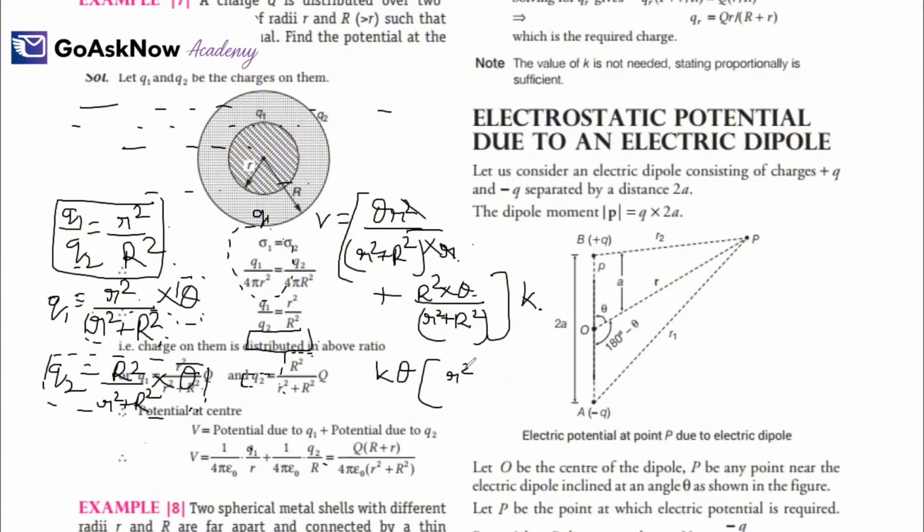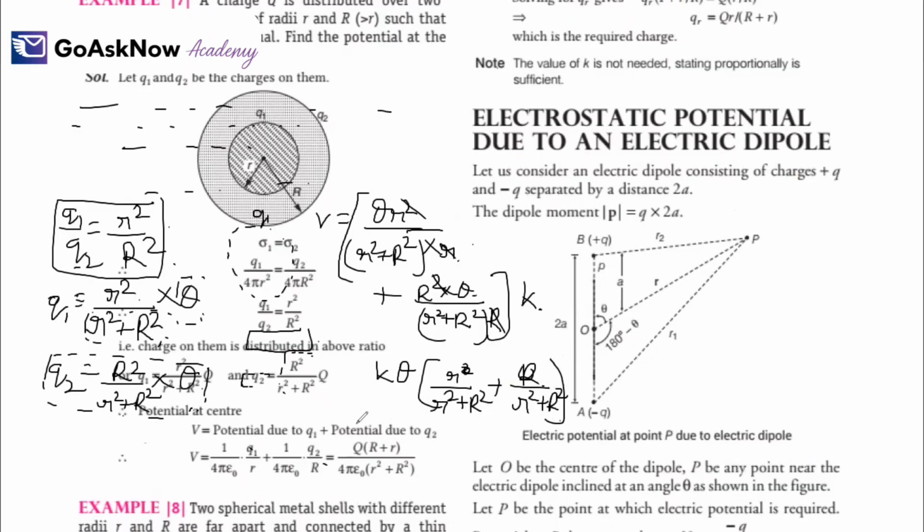Here you will get small r upon small r square plus capital R square, plus here one small r will be cancelled out, and one r is also here, so it will cancel this capital R. Okay, so you will be remaining with what? Q, and q is common here, so capital R upon small r square plus capital R square. Okay, so this is what you are getting inside the brackets.